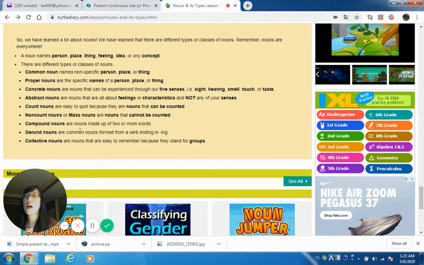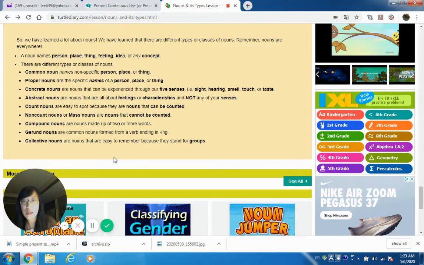Compound nouns are nouns made up of 2 or more words. Gerund nouns are common nouns formed from a verb ending in ing. Collective nouns are easy to remember because they stand for groups.